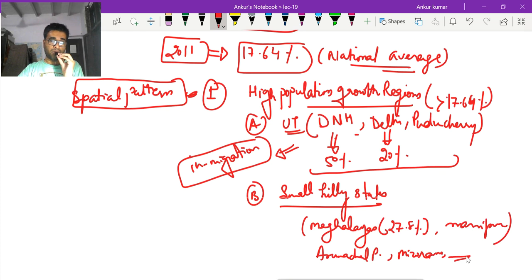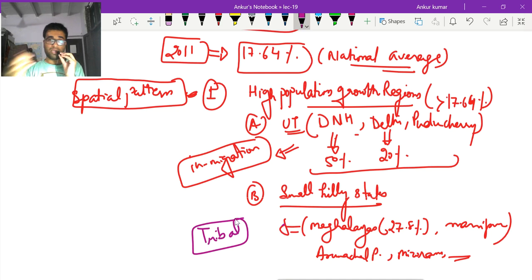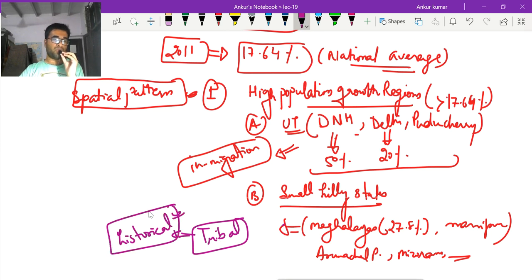In these states, the decadal population growth was more than 17.6%. And the reason given was that these states are mostly tribal states, and the tribals have a high fertility rate because of historical reasons. So they are not affected by many modern factors which are responsible for a decrease in fertility rate. So this is the main reason that they have a high fertility rate.